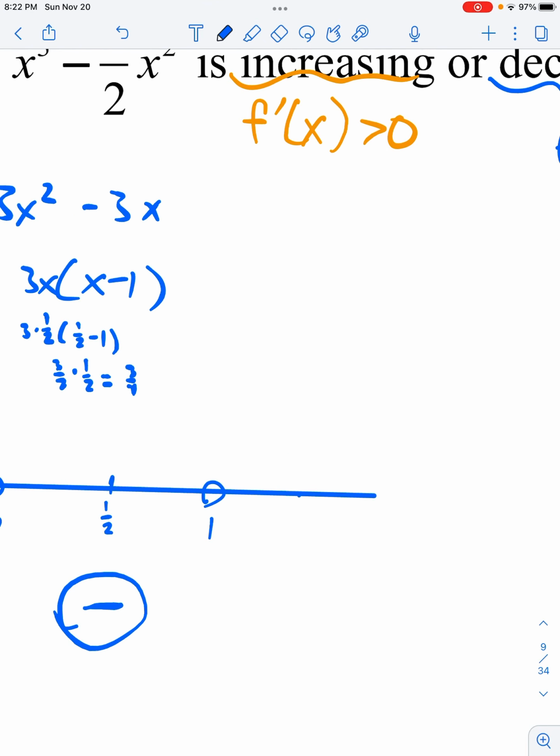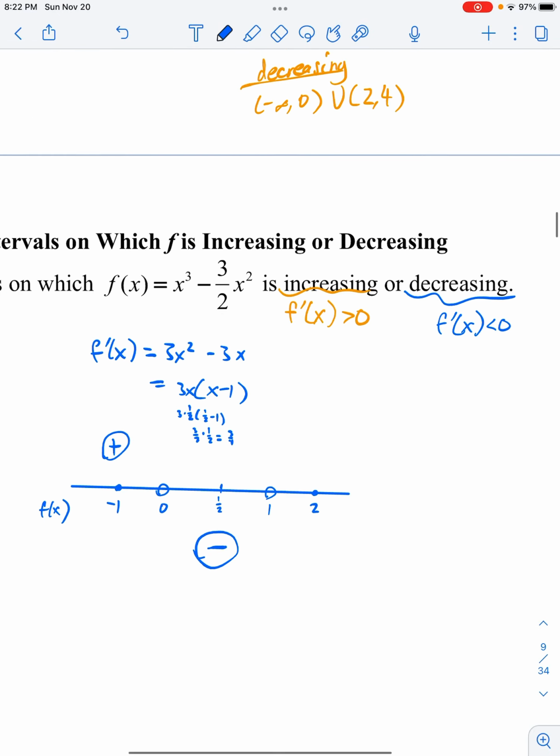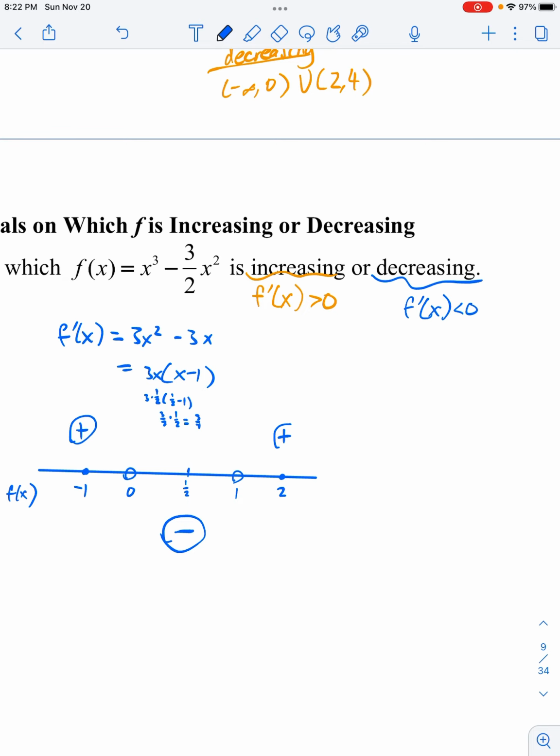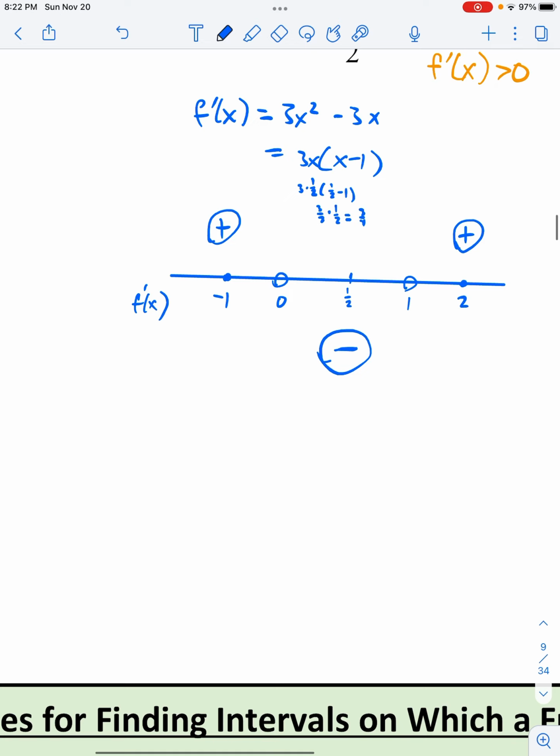And then over here, let's test 2. It's definitely going to be positive again. Good. So this is a sign chart for f prime of x. Wherever f prime of x is positive, so negative infinity to 0, union 1 to infinity, on that interval f is increasing.